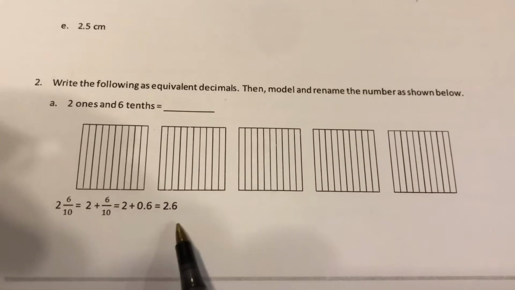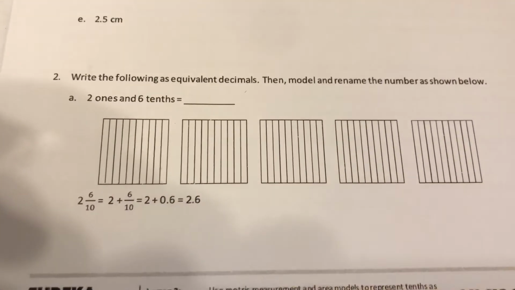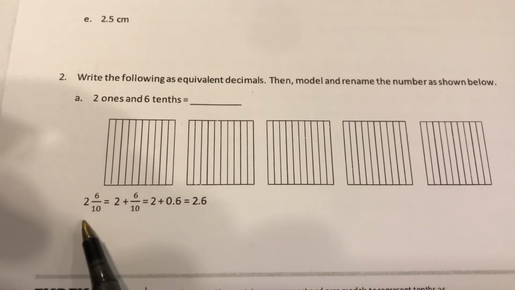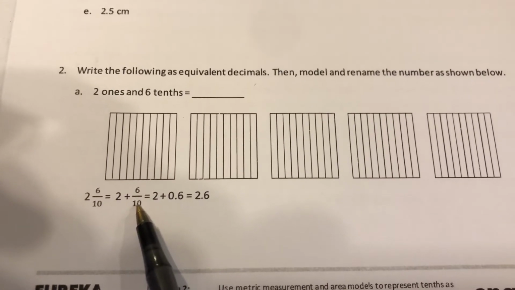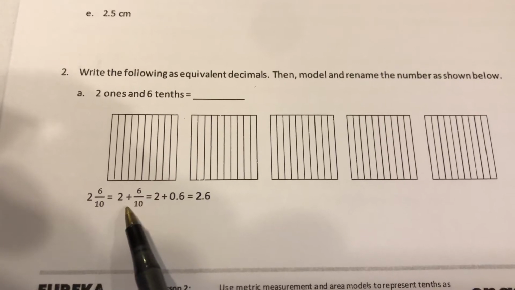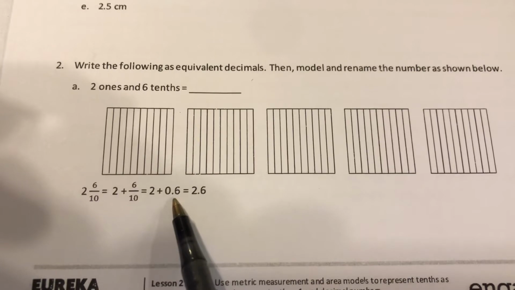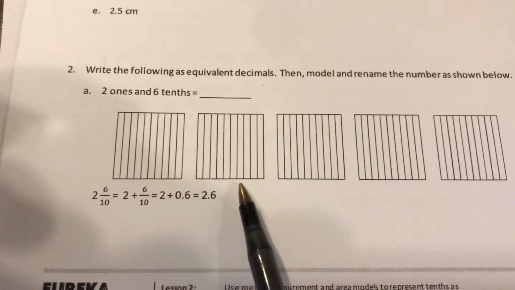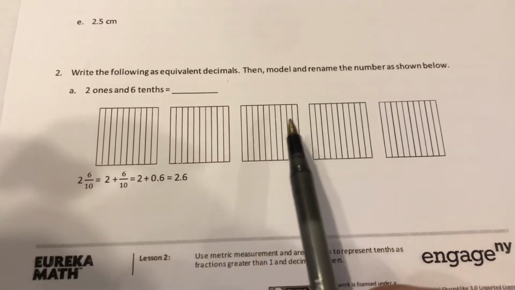If you look down here, they've done some work for you to help you see what 2 ones and 6/10 would look like in decimal form. So 2 6/10 equals 2 whole plus 6/10, and that's our mixed number there, 2 plus 6/10, and that equals 2 plus 6/10 in decimal form, which equals 2.6. So that's showing you all the different number forms of 2 ones and 6/10. Don't forget to shade in down here to show that, okay? All right, so that's what that looks like.